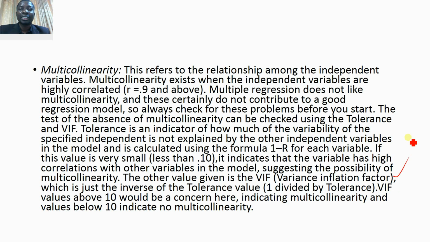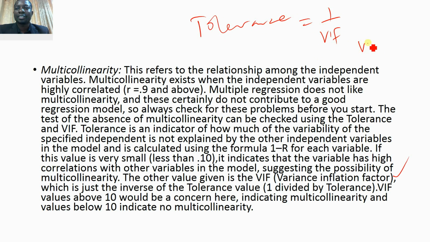And don't forget that the variance inflation factor moves with what we call tolerance. And for the two, tolerance is equal to 1 over variance inflation factor. So we expect our variance inflation factor to be less than 10. So if the variance inflation factor is less than 10, it means that there's no multicollinearity, and that is what we want, no multicollinearity.